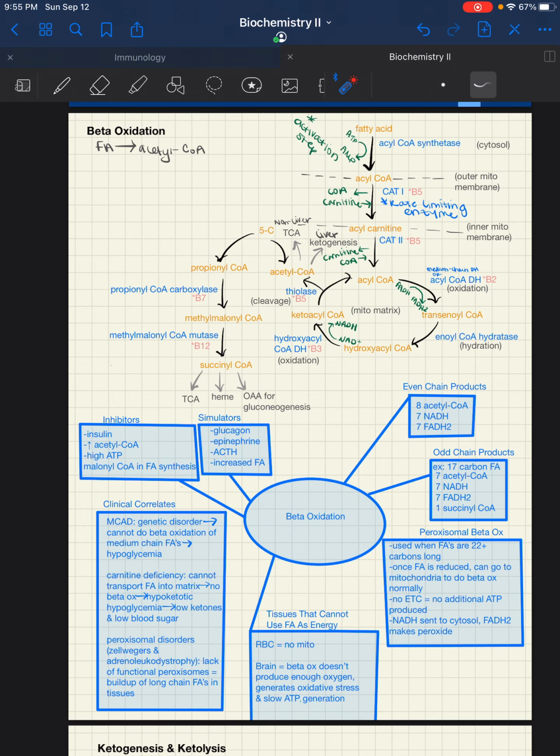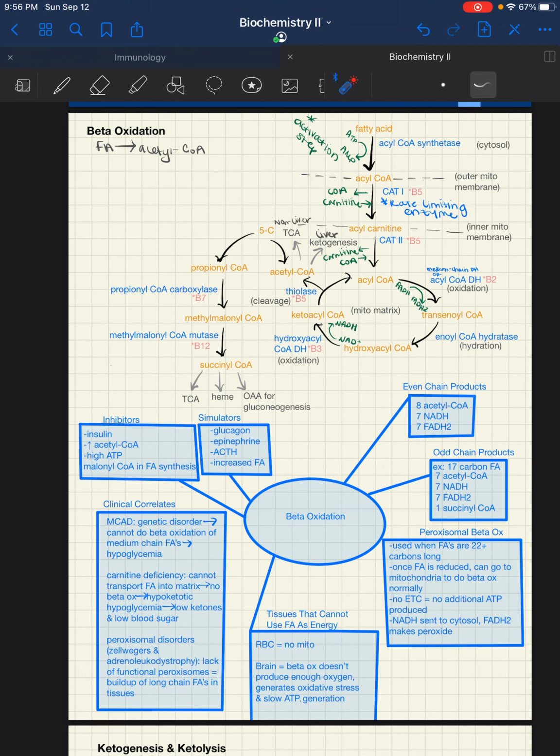And the brain does have mitochondria. It has a ton of mitochondria, actually, but it doesn't do beta oxidation because it uses glucose as its primary energy source for a few reasons.